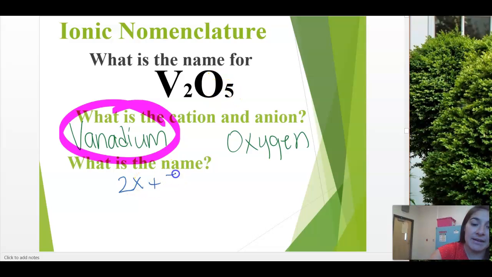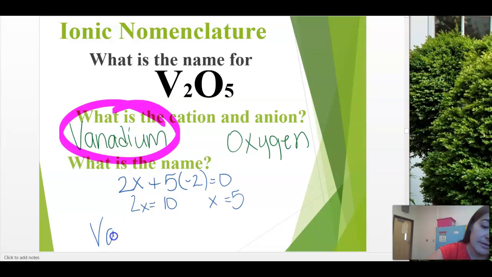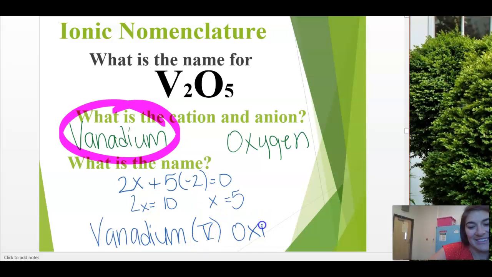I have 5 oxygens that have a -2 charge, and it's going to be 0. So 2X equals 10. X equals 5. Vanadium, and then the Roman numeral for 5 is a V. Oxygen becomes oxide.